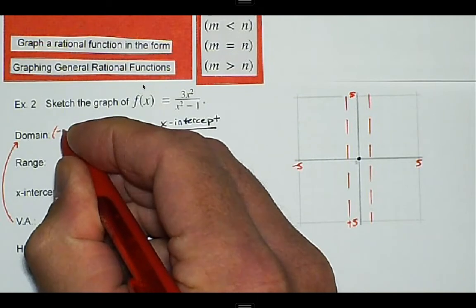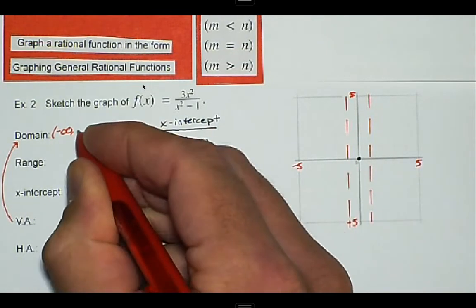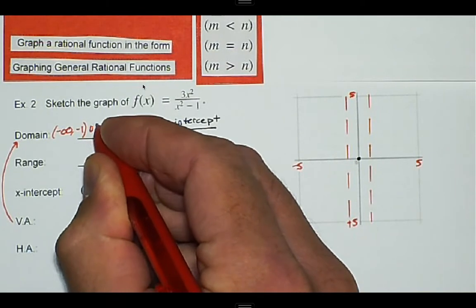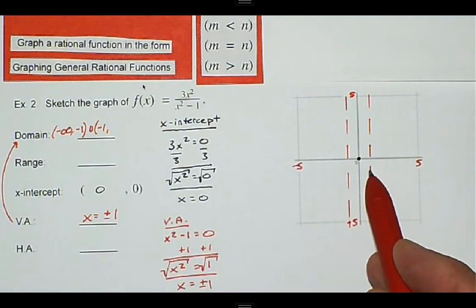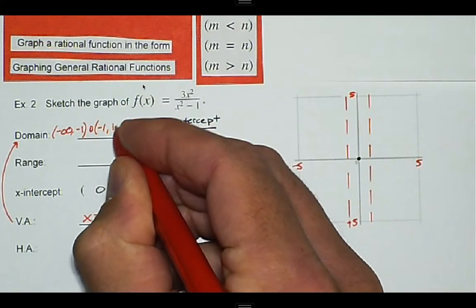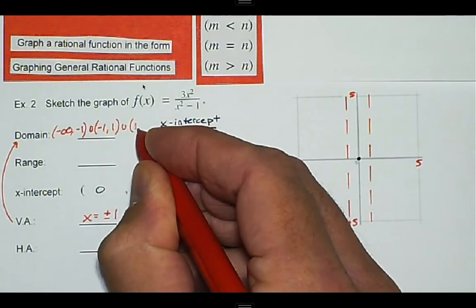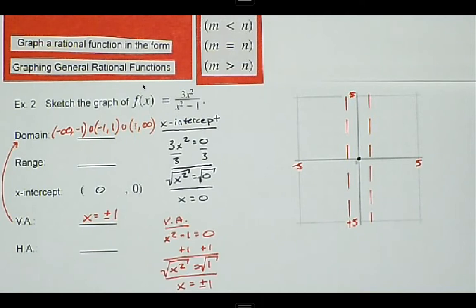We're going to start at -infinity, and we're going to go all the way till we hit -1. And then that will be union. And then we're going to start at -1, and we're going to go all the way till 1. And then union 1 to infinity, and then that will be our domain.